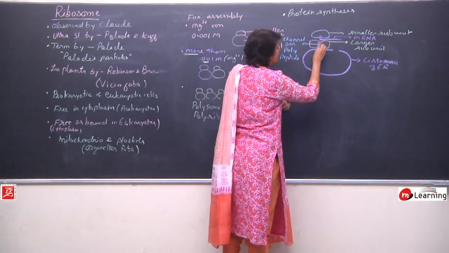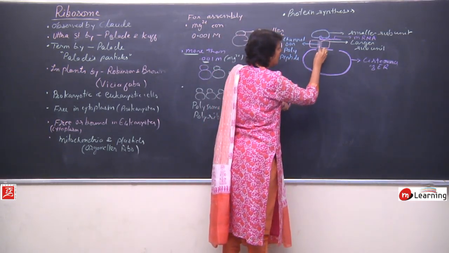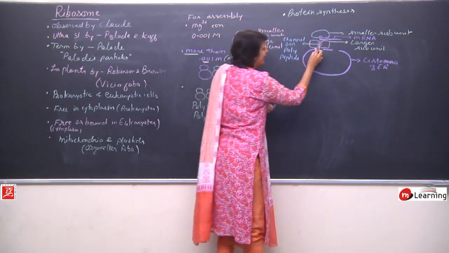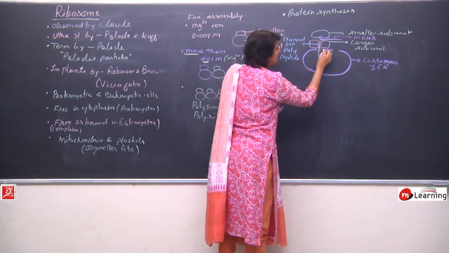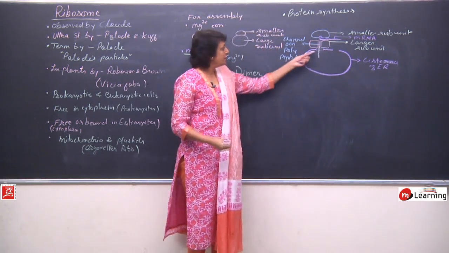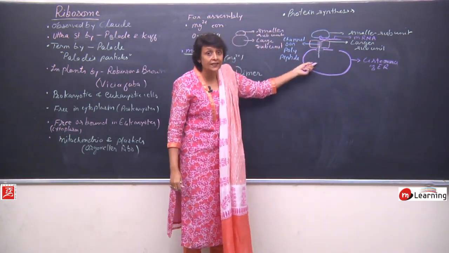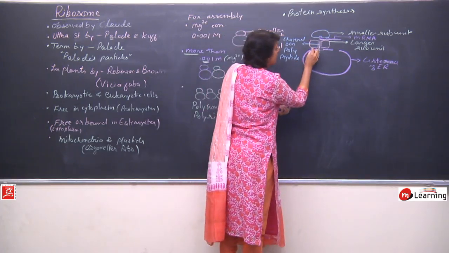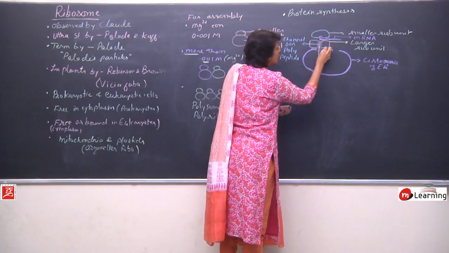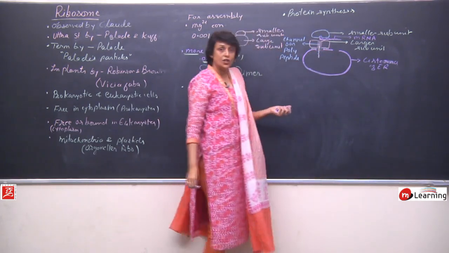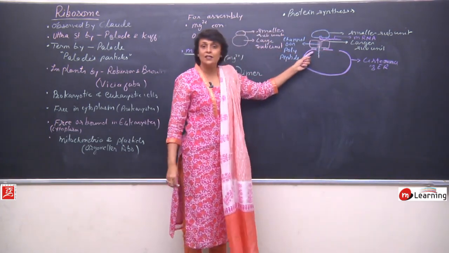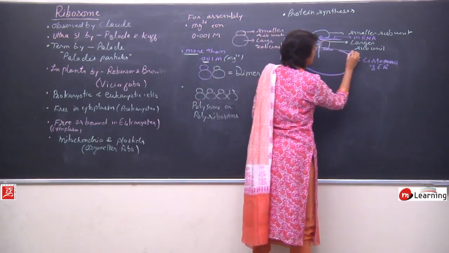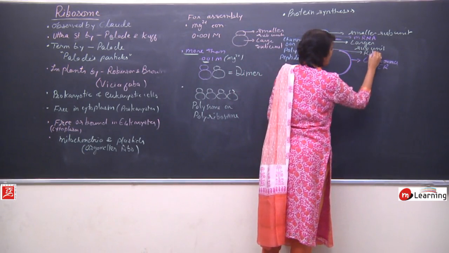This polypeptide which is synthesized would move into the endoplasmic reticulum. The area through which these polypeptides are coming in are the channels, and we have not drawn this. Here we can draw a small thing which is actually a protein with which the larger subunit is attached to the endoplasmic reticulum. This small line which we have shown here is ribophorin.